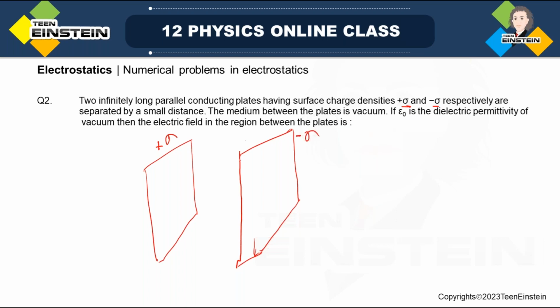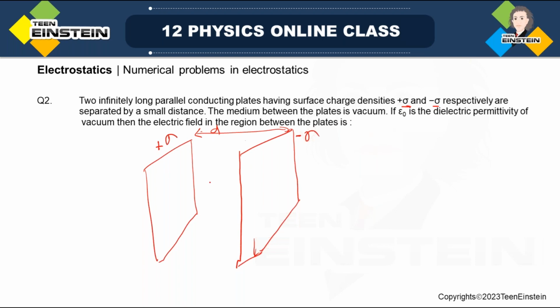I'm just considering these two plates identical in shape and dimension, separated by a small distance, say d, as two vertical infinite planes.